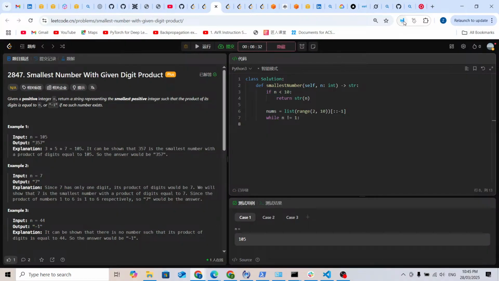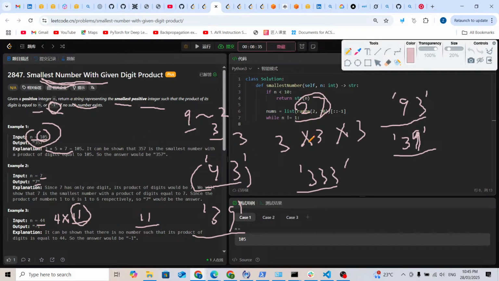Because according to my example, if I have 27, I divide by 9, I get a 3, and then 3 divided by 3, I get a 1. So while I get a 1, this means everything is okay. I need to break the while loop and stop it, because I'm pretty sure I can get the final result. It's going to be 9, 3, and the final result is going to be 39.